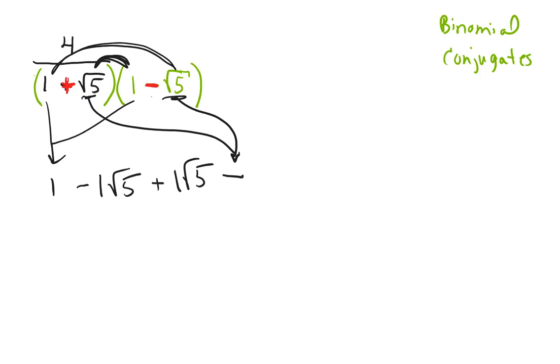And the square root of 5 times the square root of 5 is the square root of 25, but the square root of 25 is just 5. And then what happens is a negative 1 square root of 5 and a positive 1 square root of 5 cancel each other out. And so all you're left with is the 1 at this end and a minus 5 at that end.